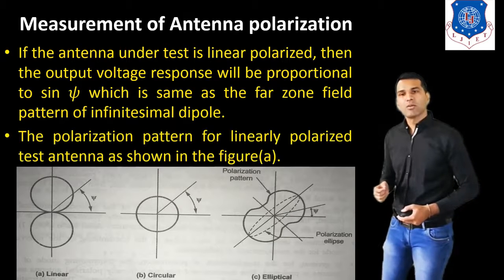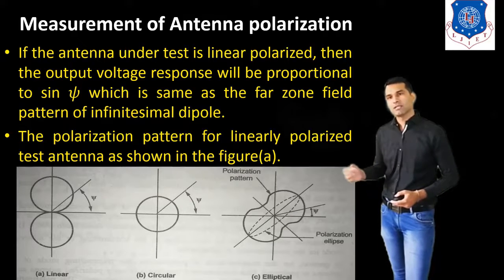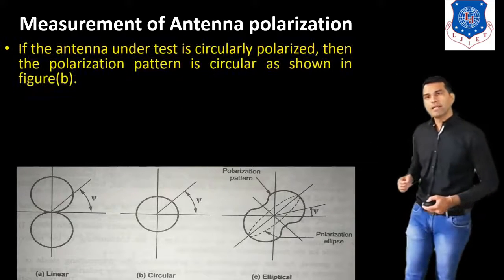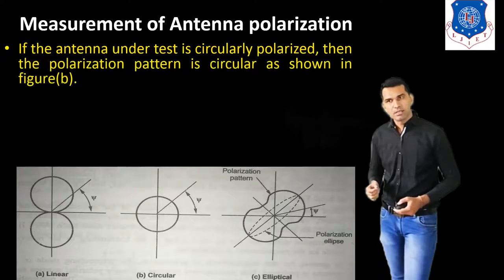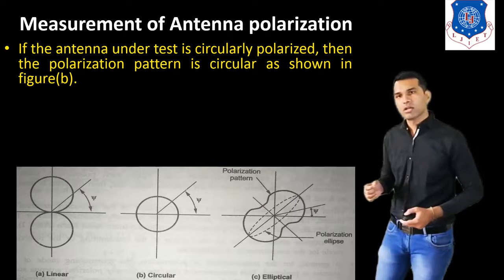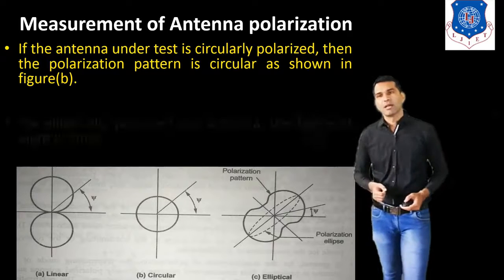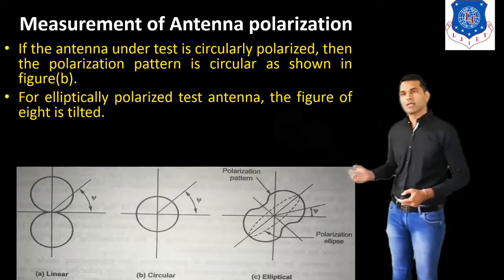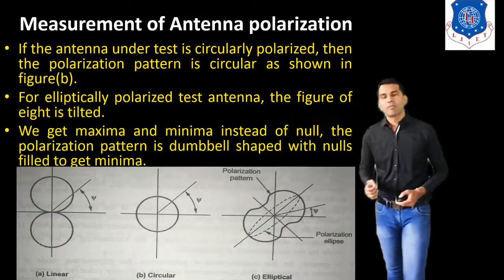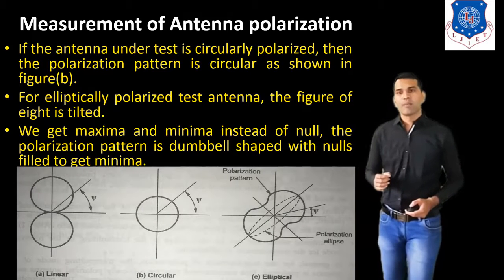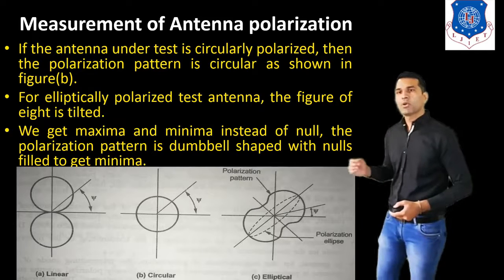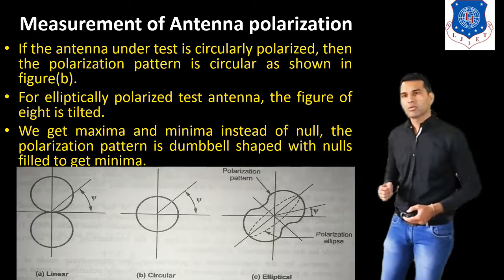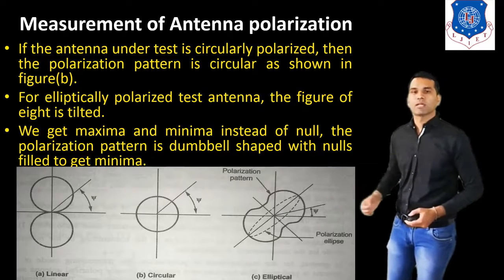The polarization pattern for a linearly polarized test antenna is as shown in figure A. If the antenna under test is circularly polarized, then the polarization pattern is circular, as shown in figure B. And for an elliptically polarized test antenna, the figure of 8 is tilted. We get maxima and minima instead of null. The polarization pattern is dumbbell shaped with the null filled to get the minima. So this is the elliptical polarization.